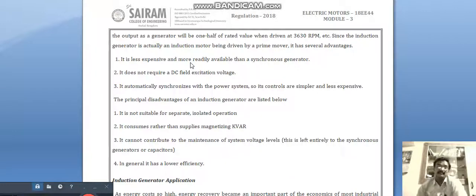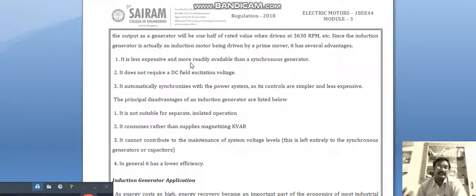Synchronous generators, how do they work? The rotor speed and the stator speed are the same. But here, in an induction motor acting as an induction generator, the rotor speed will be above the stator speed. Let us consider 3600 is the RPM of the rotating magnetic field. Then the rotor speed will be more than that, 3650 or 3700.